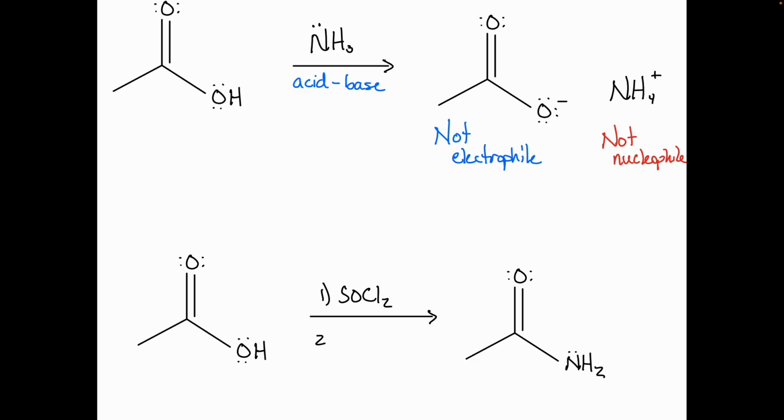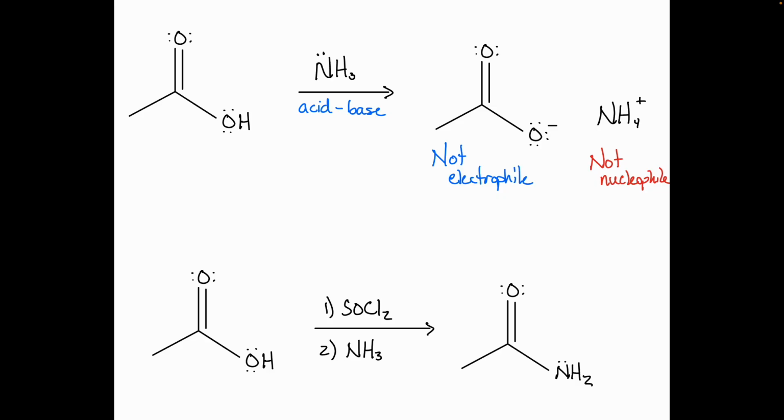And then in a second step, now we have that super reactive acyl chloride, so we could just add in our ammonia in order to create our amide. If we tried to add ammonia off the bat, we get our acid-base reaction. We're instead going to first convert to an acyl chloride, and then we can add ammonia to get our amide.